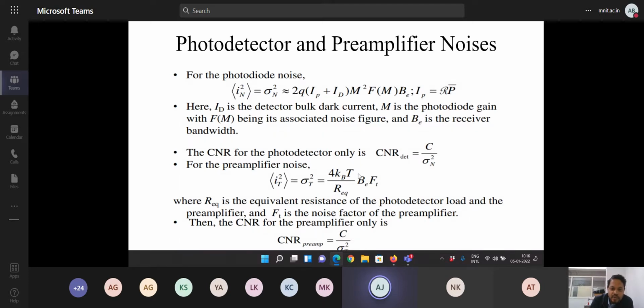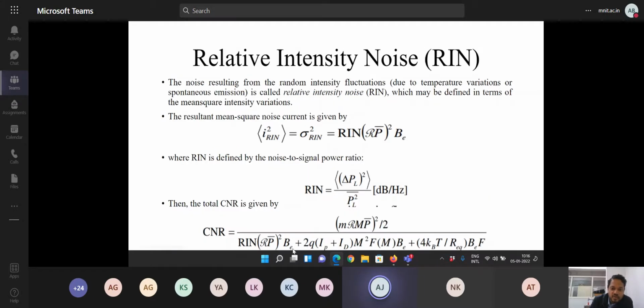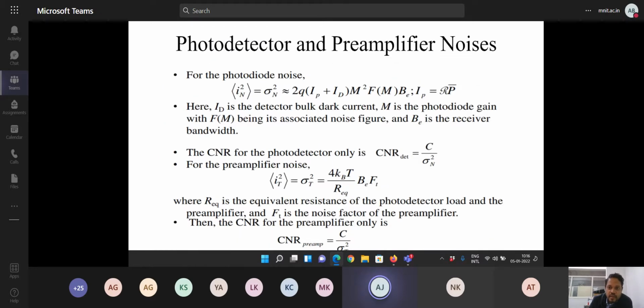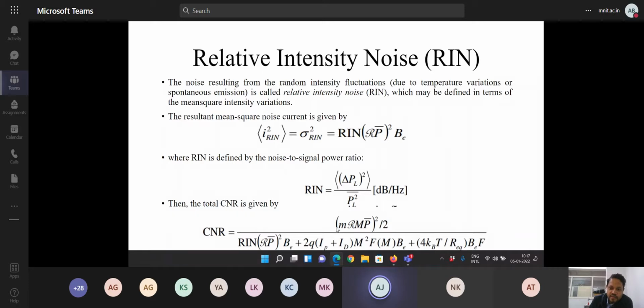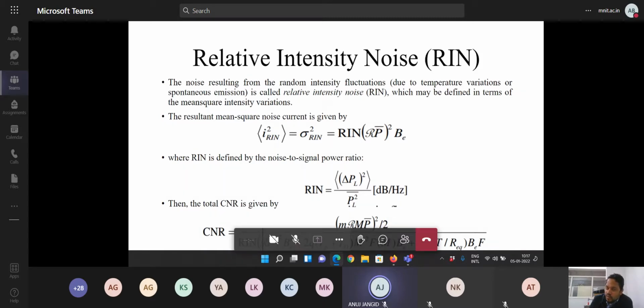The denominator is the sum of IRIN square and IT square and IN square, and the numerator is the carrier power, which is this, fine.